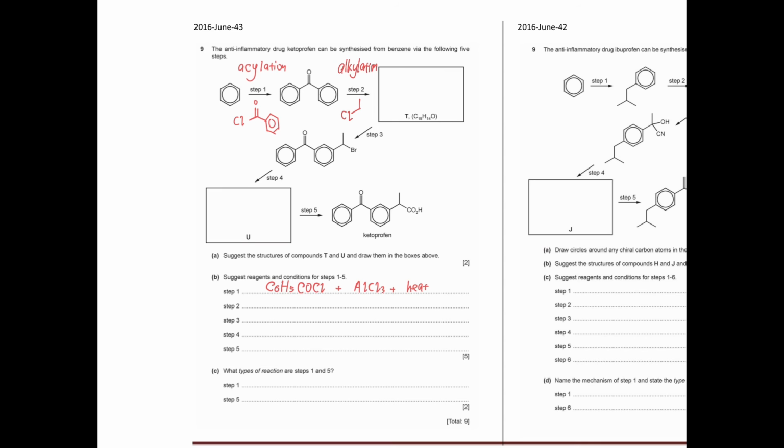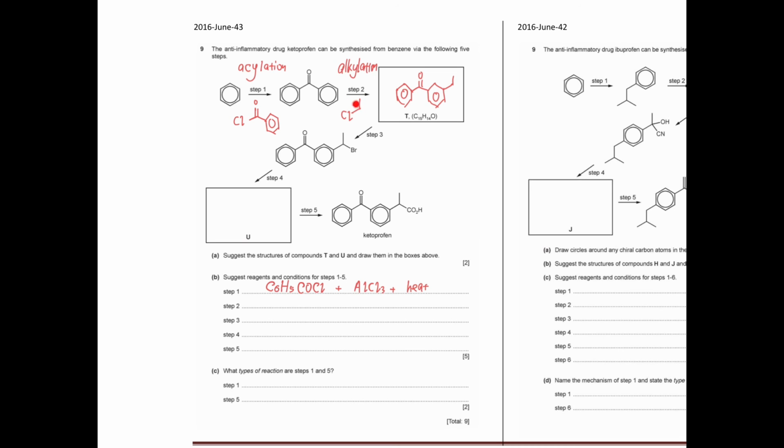Okay, so we draw out the structure now. You can see the additional part is here. This is the 2 carbons, 1 carbon, 2 carbon. So we write down step 2. Step 2 will be this reagent.